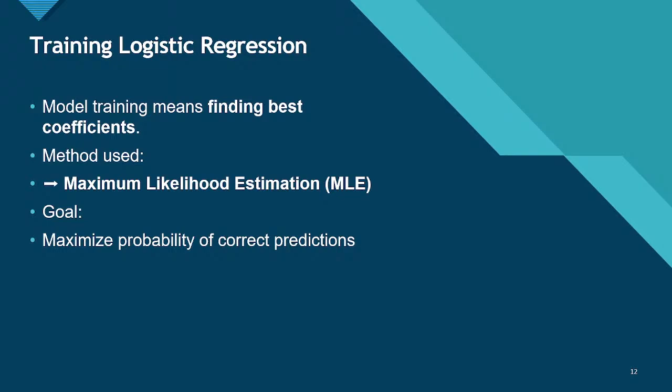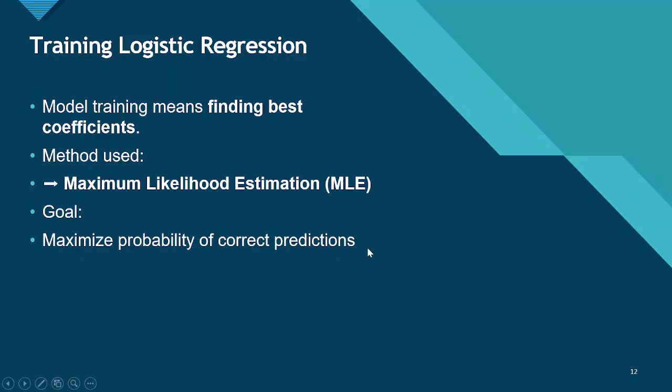In other words, if the actual label is 1, we want to predict a probability as close to 1 as possible. If the actual label is 0, we want to predict a probability as close to 0 as possible. MLE helps us mathematically formulate this idea.